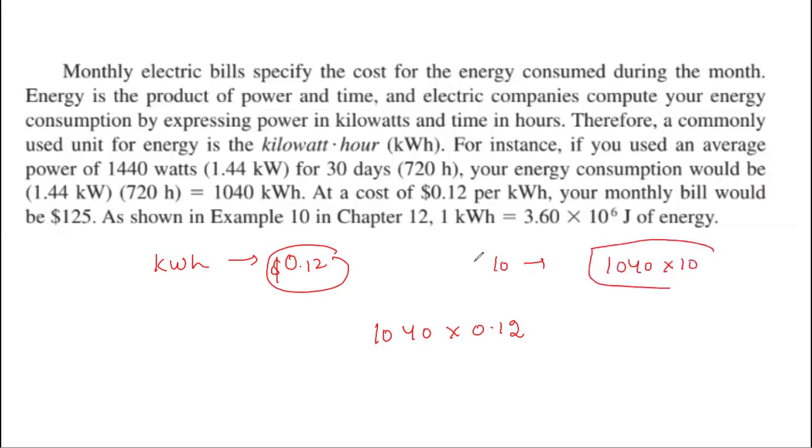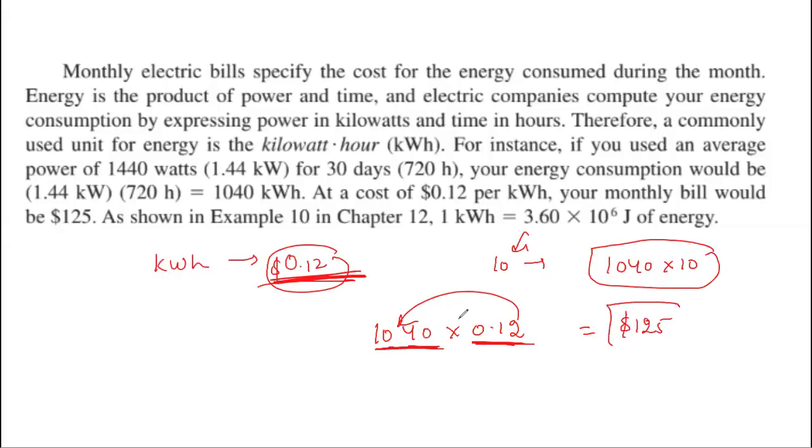So you'll simply multiply the cost for 1 kilowatt hour by the 1040 kilowatt hours you are using, to see how much bill you are going to pay. So that would be roughly $125 as your monthly bill for that time frame, right?